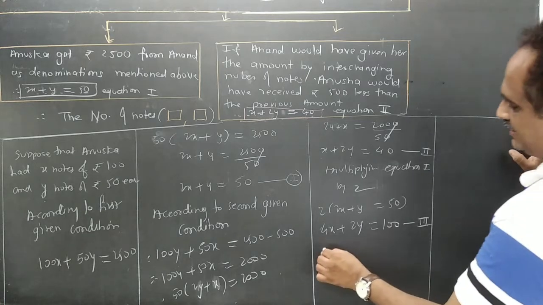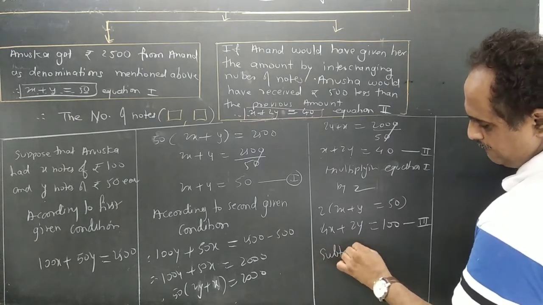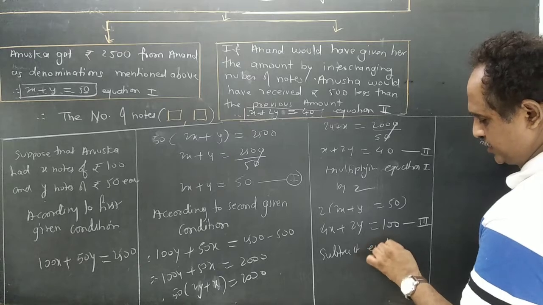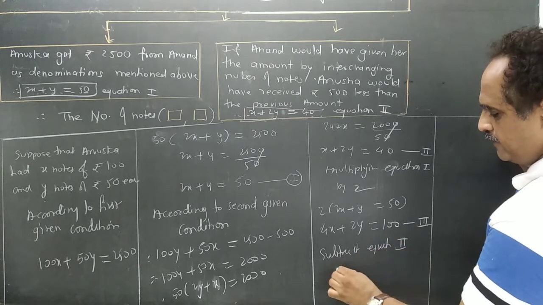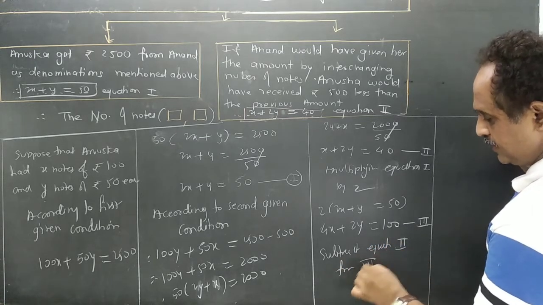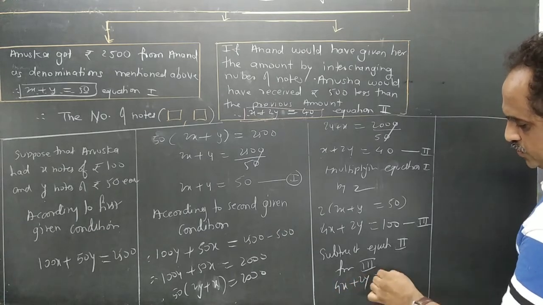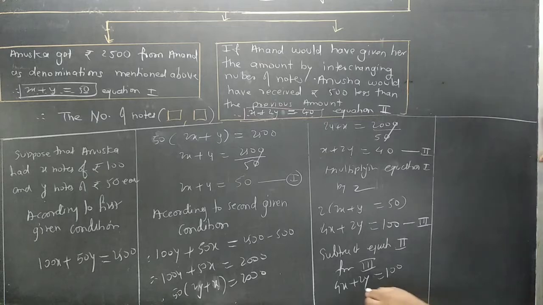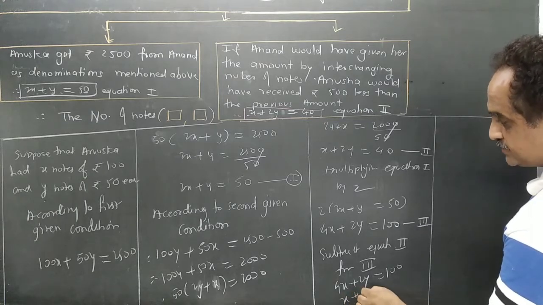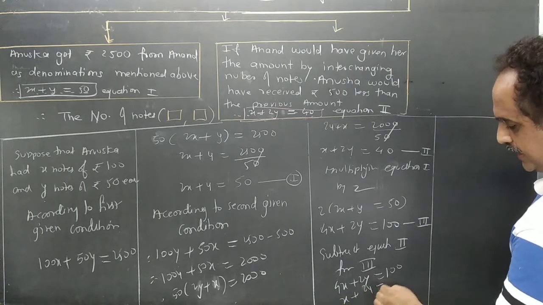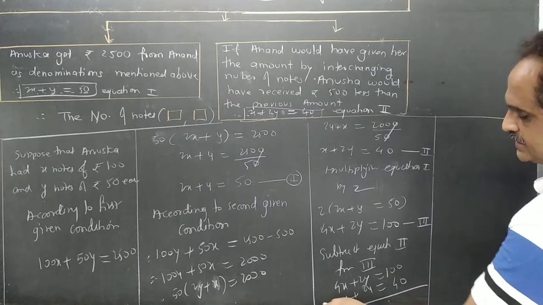So subtract equation 2 from 3. What is equation 3? 4x plus 2y is equal to 100, and x plus 2y is equal to 40.